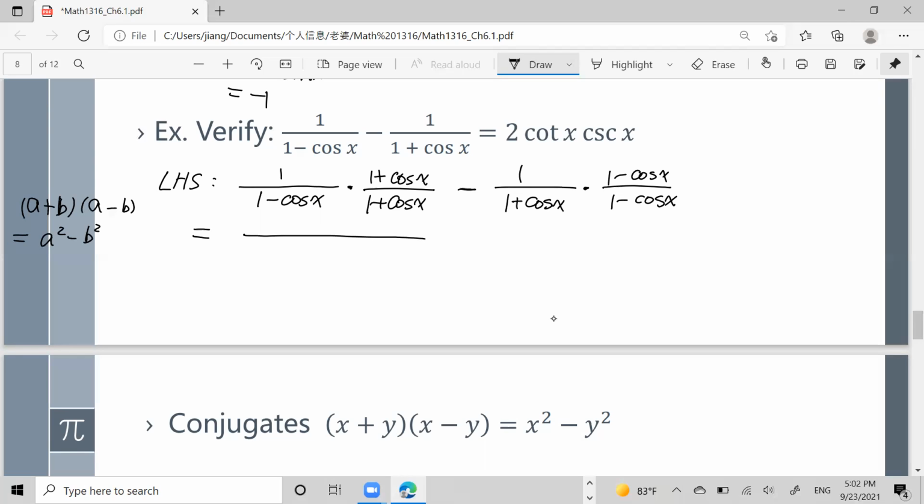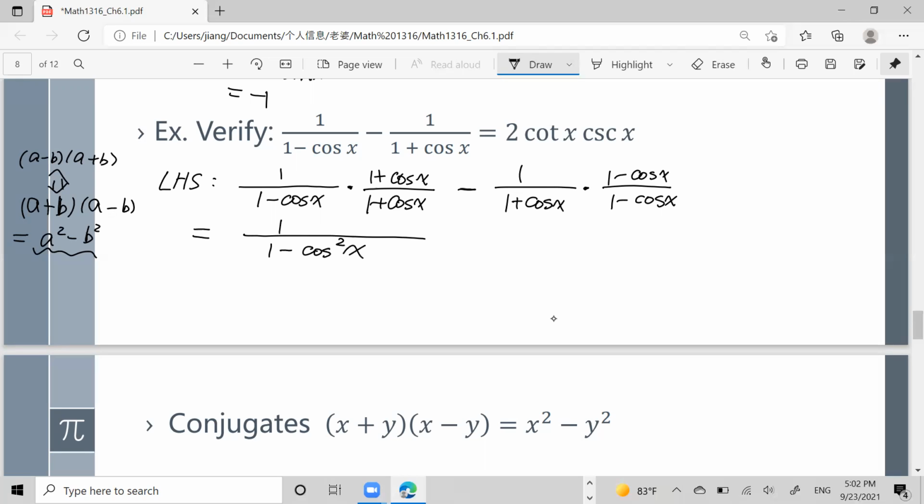Even if I switch the position and put a minus b in front, that means a minus b times a plus b, I still get a squared minus b squared. That means this expression equals 1 minus cosine squared x on the bottom.